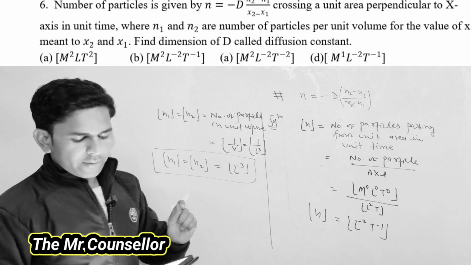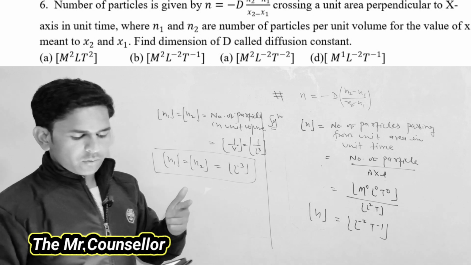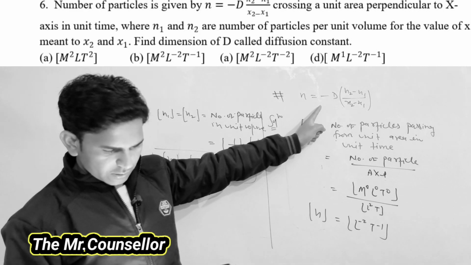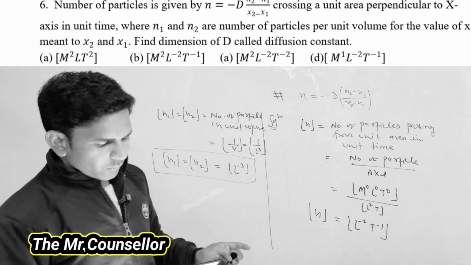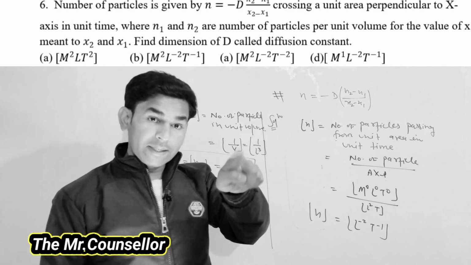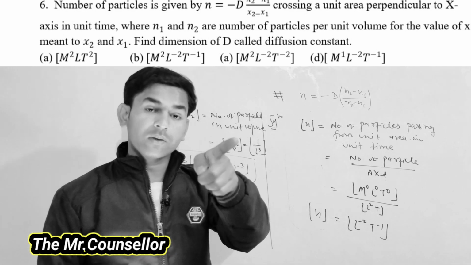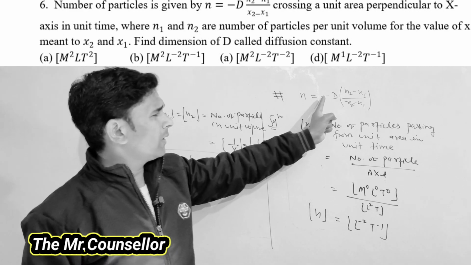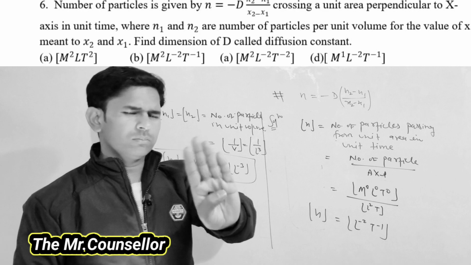So now what we need to find, according to this equation, is the dimension of capital D, called the diffusion constant. So we need to find the dimensional formula of this D. Here a negative sign is given, so no need to worry.